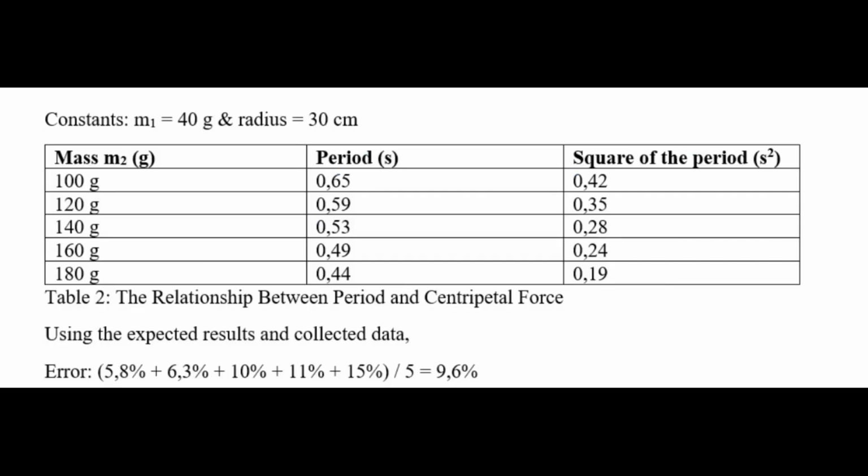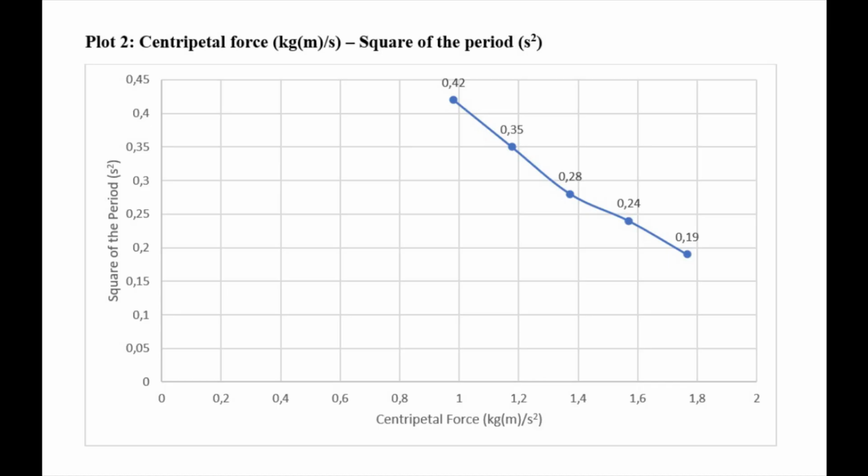In the second part, the aim was to examine the relationship between centripetal force, which is m2 times g, and period of the uniform circular motion. Collected data are 0.65 seconds, 0.59 seconds, 0.53 seconds, 0.49 seconds, and 0.44 seconds as M2 increased from 100 grams to 180 grams by 20 grams.